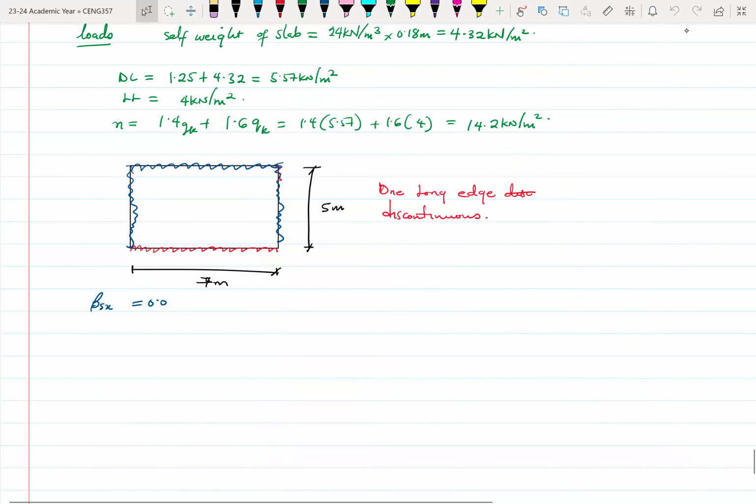Now let's find BSY. Again, these are for the mid-span moments. Please take note, mid-span moments, not support moments.